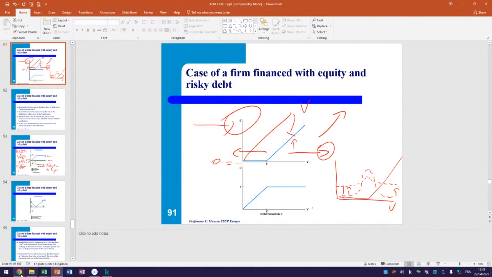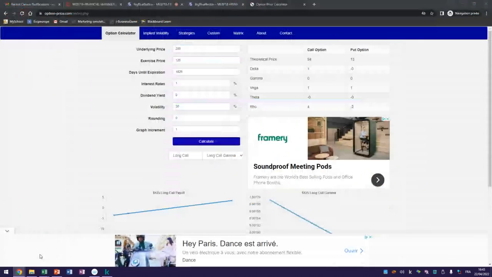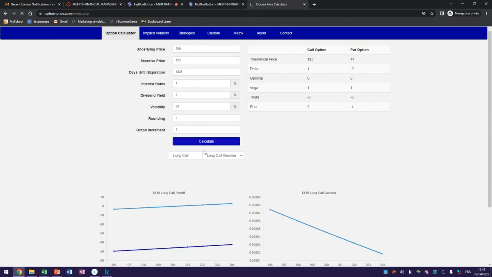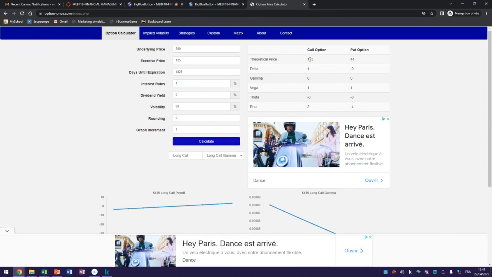So let's compute that. Okay, so we turn to the pricer here and we say, okay, still 200, still 125, still same number of days, still one interest payment, volatility, this has changed, 60. Calculate. So the call is 125.